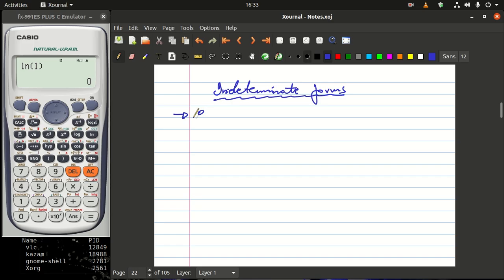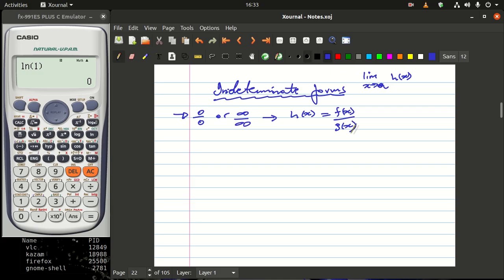If you have 0 over 0 or infinity over infinity, let's say you wanted to evaluate the limit as x approaches some value a of some h of x. If we get 0 over 0 or infinity over infinity, this implies that your h of x is equal to some function f of x divided by g of x.